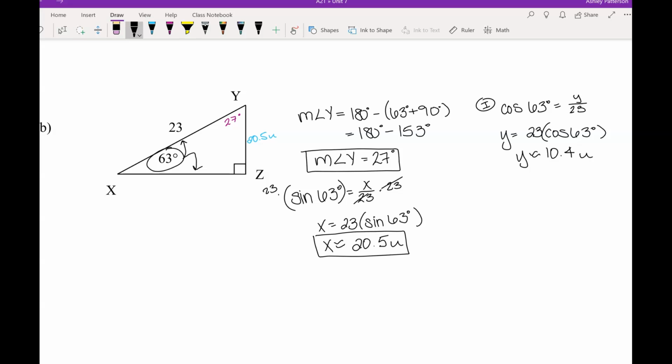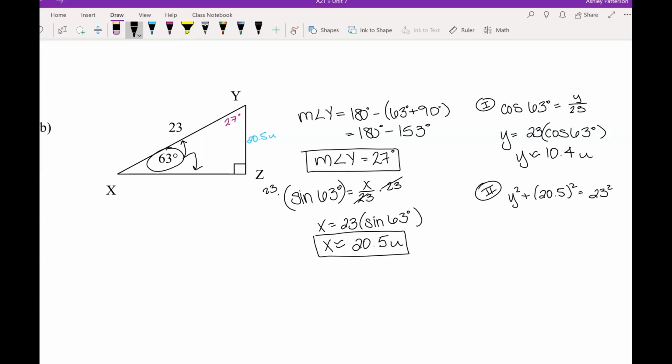But let's say we didn't want to use the trig functions. All right, option number 2. This is a right triangle. I could use the Pythagorean theorem. One leg, we'll call that y squared, plus the other leg squared will equal the hypotenuse squared.